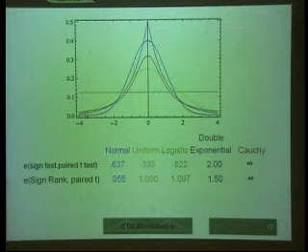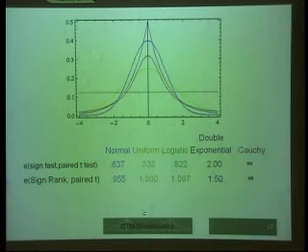The blue curve here is the normal curve. And I'm comparing here either the sign test or the signed rank test to the t-test. A number that's smaller than 1 says the t-test does better. A number bigger than 1 says that the t-test does worse.